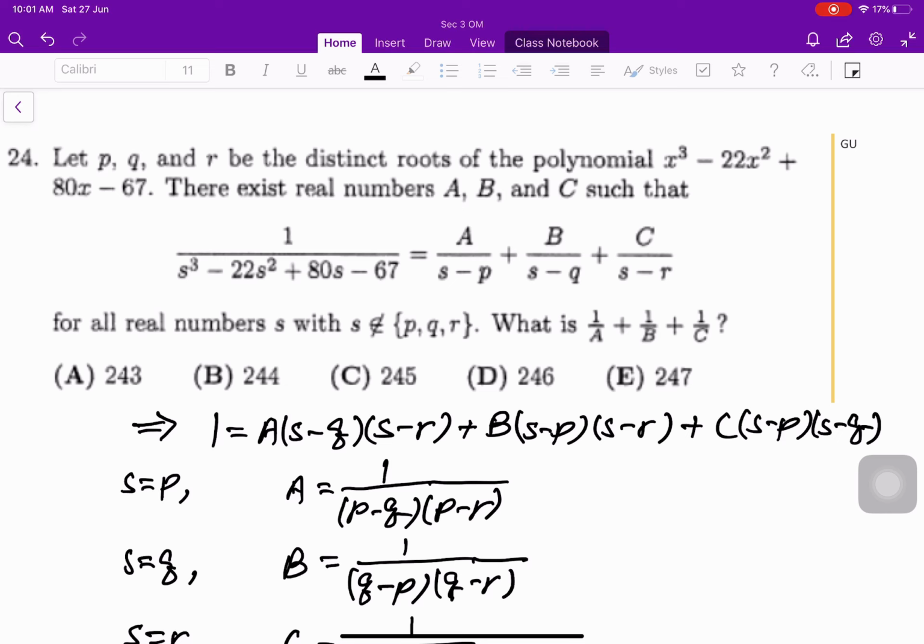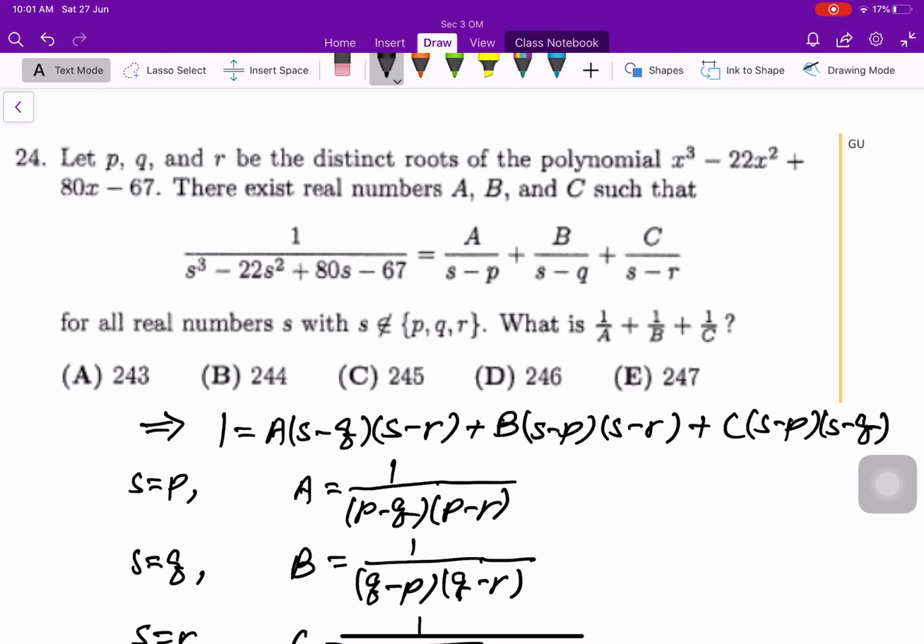Therefore, what is P plus Q plus R? By your Vieta's theorem, P, Q, R are the roots of the polynomial.